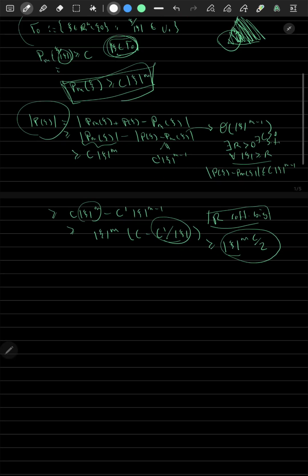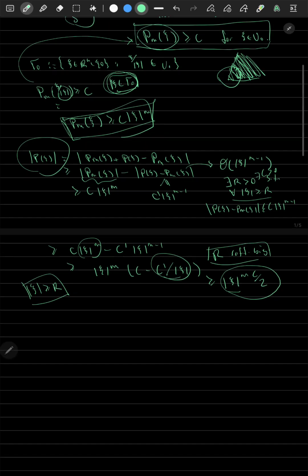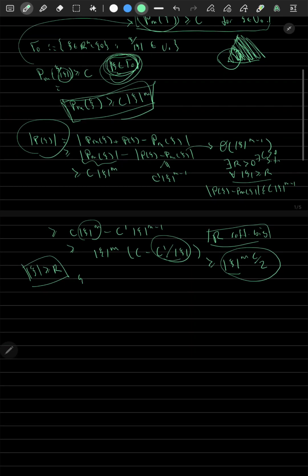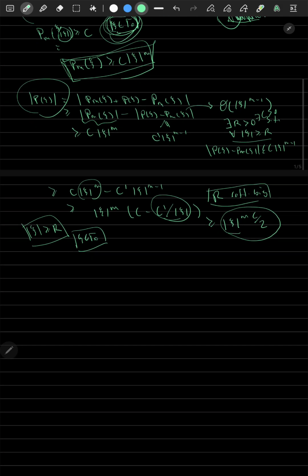Okay, so of course this bound is only valid for xi greater than the r that we established. What else we had? Oh wait, we had xi also in gamma 0, so xi has to be greater than r, and xi in gamma 0. Right, these two conditions are very important.